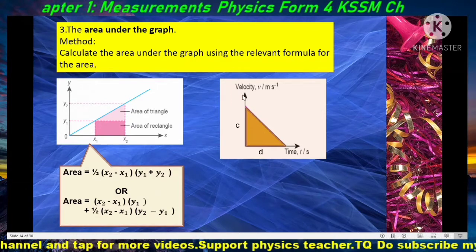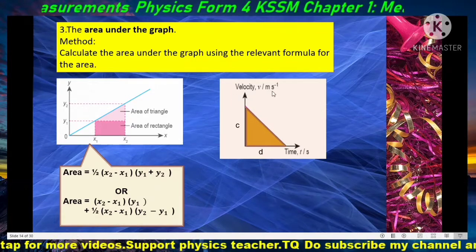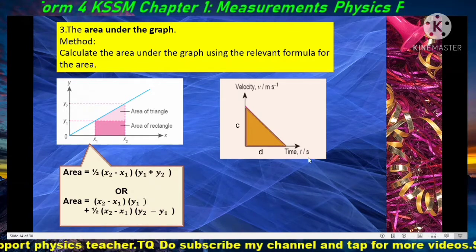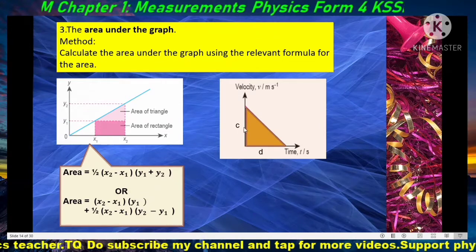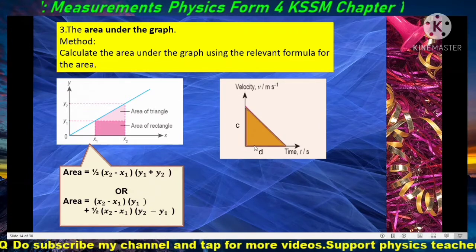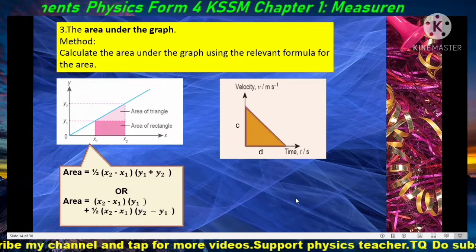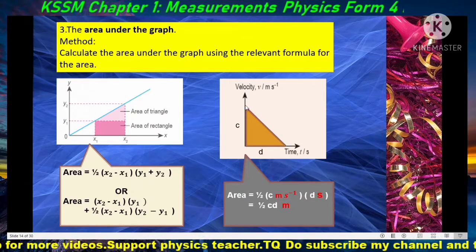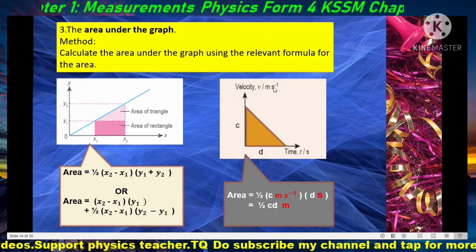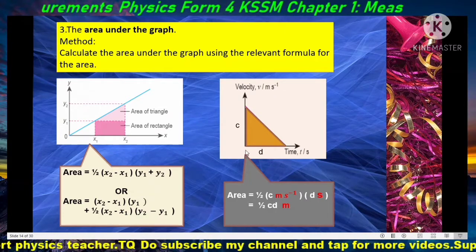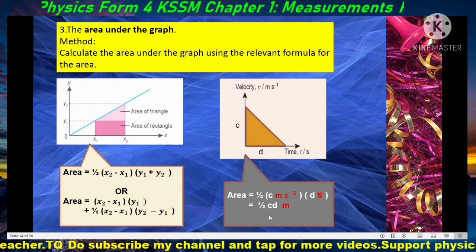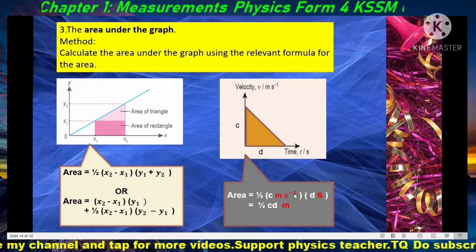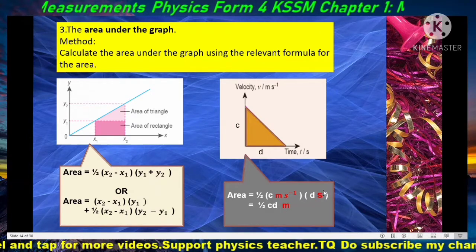Okay, look at this example. Velocity v, meter second to the power negative 1, against time t, unit second. Let's say the height of the triangle here is c, the width is d. So the area under the graph equals half c, the unit is meter second to the power negative 1, times d, the unit is second, thus we get half cd meter second to the power negative 1 multiplied by second.